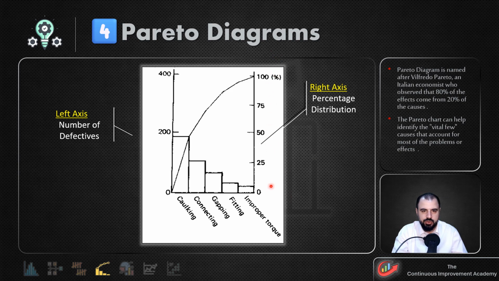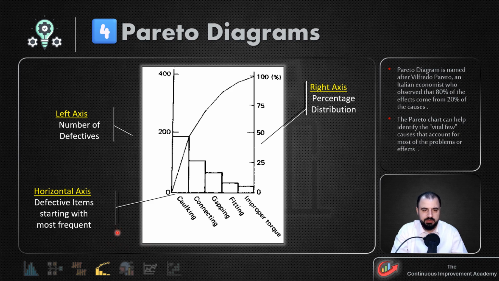The right axis represents the percentage of distribution, and the horizontal axis represents, as we said, the defective items, starting with the most frequent ones.